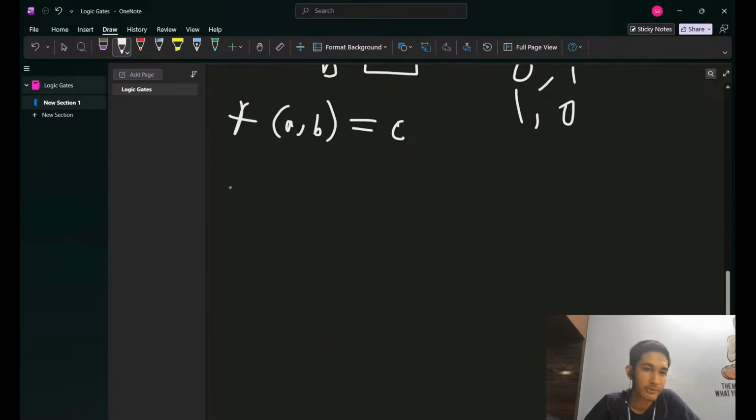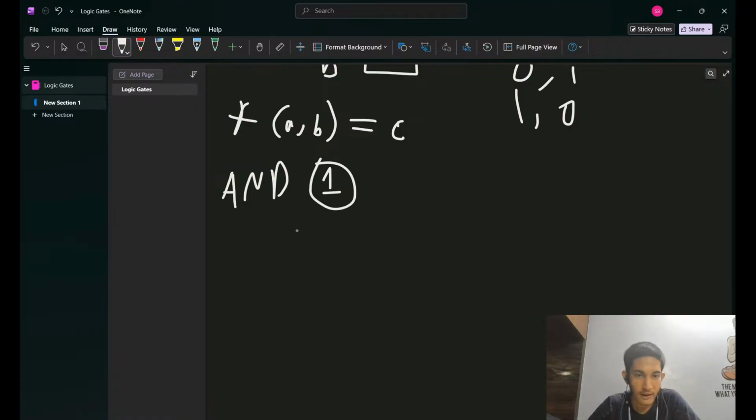Now let's go to our first logic gate, the AND gate. What does AND do? Let's go to something less similar to this, and talk about English.